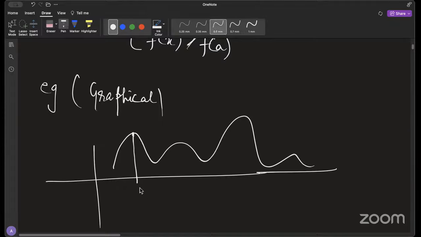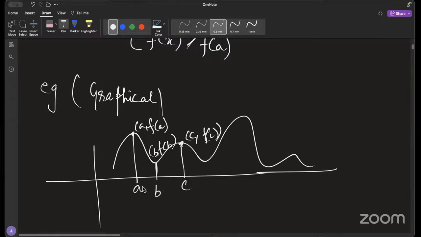Let's say this point is A and this height is f(A), so this point will be (A, f(A)). Similarly, let's call this B, then this is (B, f(B)). Let's call this C, then this point is (C, f(C)). And same is with these ones, right?